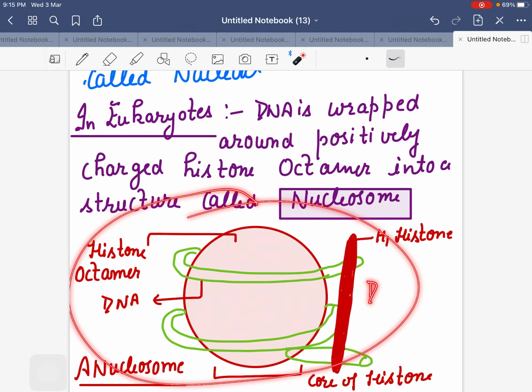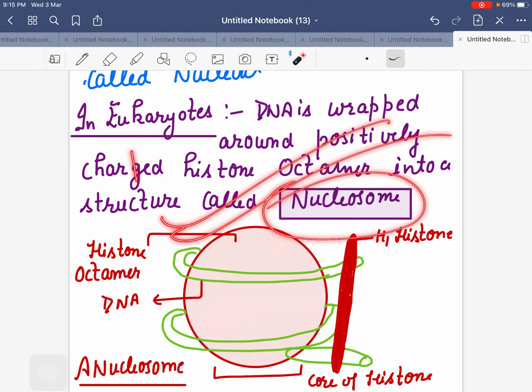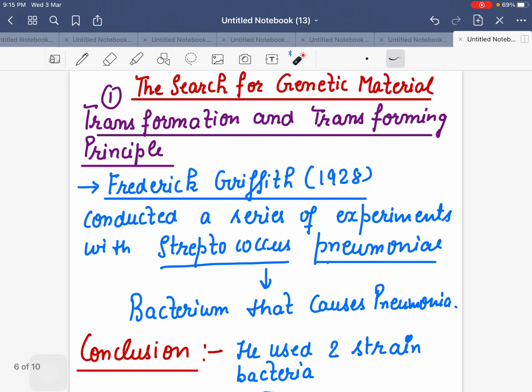So this complete structure, DNA plus histones, is known as, अब हमें definition की ज़रूरत ही नहीं है. We know what a nucleosome is. DNA wrapped around a positively charged histone octamer making a structure. That structure is known as nucleosome. We are done with the definition. Now you should not worry about the definition.